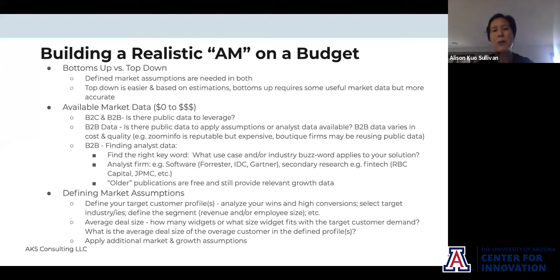All of you are probably very familiar with your data assets out there. Even at the market level for both B2C and B2B, there is a ton of data you could leverage. It might not be perfect, but you can apply some of your own assumptions and extrapolate those assumptions into some logical model.